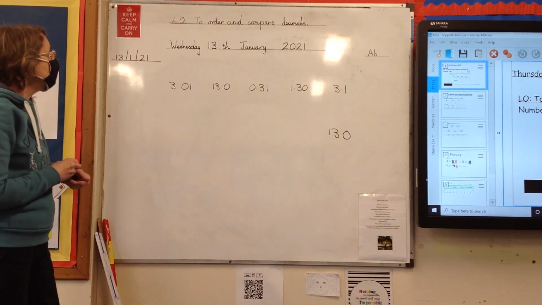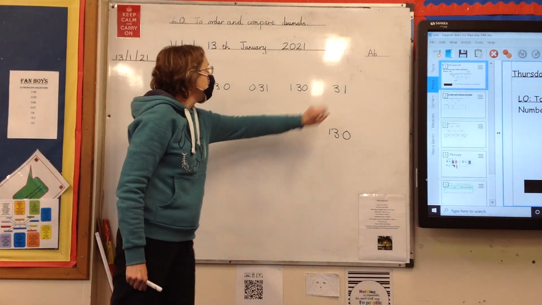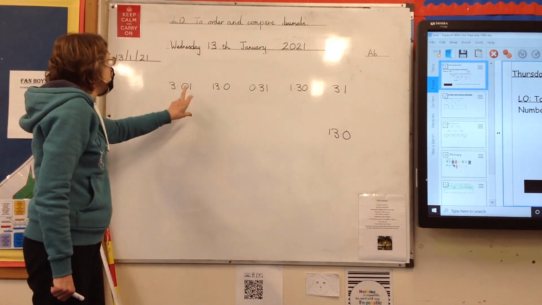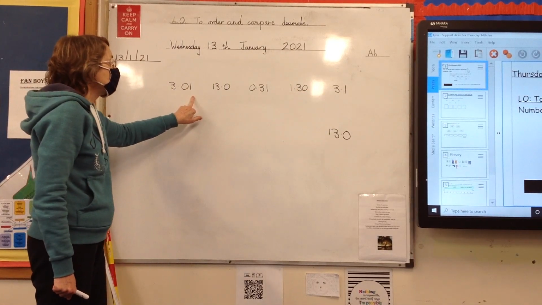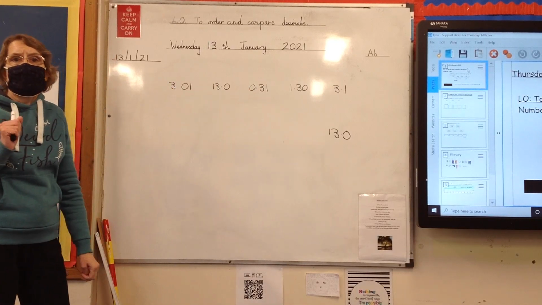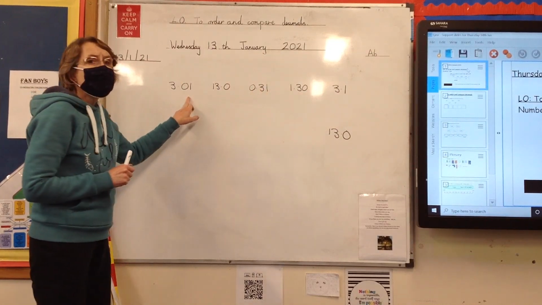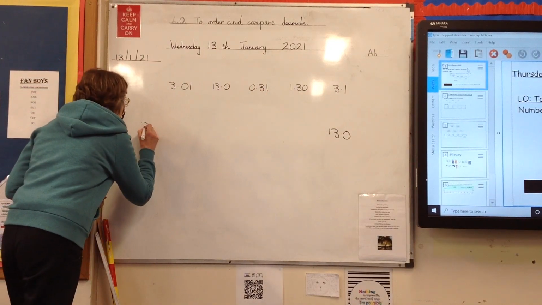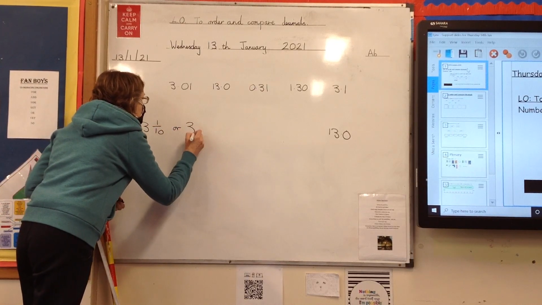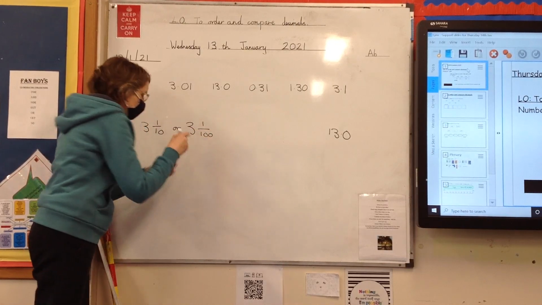Then we've got 2 numbers that have got 3 at the beginning. One of them has got 1/10. One of them has got 1/100. Which one of those is the largest? 3 and 1/10 or 3 and 1/100?